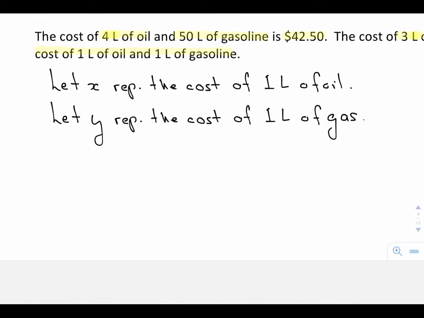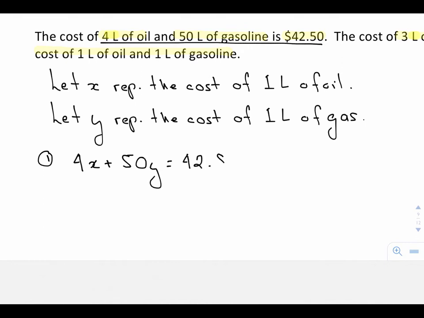So we need to create two equations, and I'm going to use the information provided above. The first piece of information is that I know the cost of 4 liters and 50 liters together is $42.50. In other words, if I multiply the number of liters I buy of oil times the price of oil per liter, and do the same thing with the gasoline, I'm going to end up with $42.50.